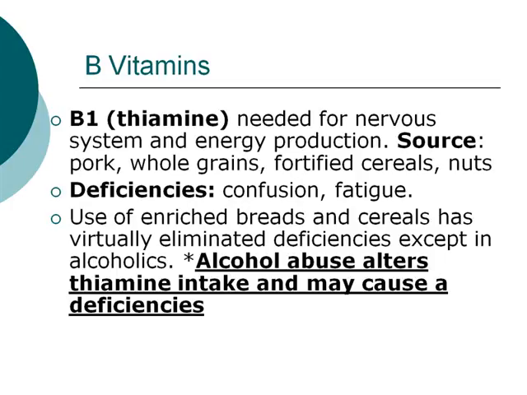And when we eat enriched breads and cereals, start reading your packages and look at the labels on your breads and cereals, and it will say that it is enriched, and that means it's got these vitamins added in. Now, this is good except for your alcoholics. Alcohol abuse alters thiamine intake and can cause deficiencies in your alcohol abuse clients.